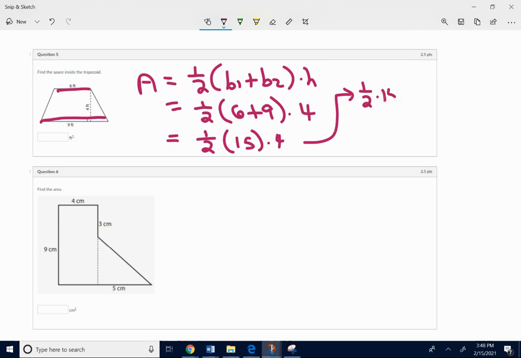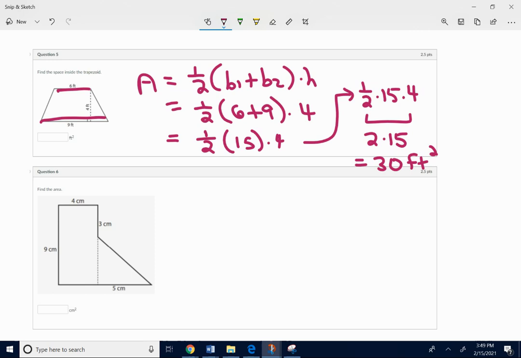I'm just going to take 1/2 times 4 first, since 1/2 times 15 would be a decimal or a fraction, because order doesn't matter when you multiply a bunch of numbers. 1/2 times 4 is 2. And if you take 2 times 15, you get 30 feet squared. Okay, 30 feet squared.